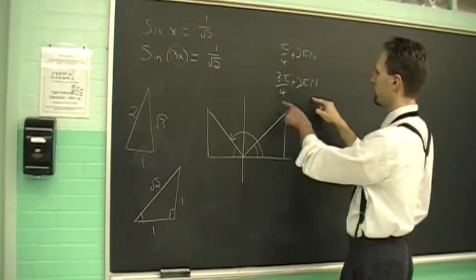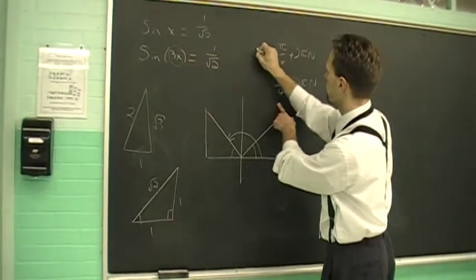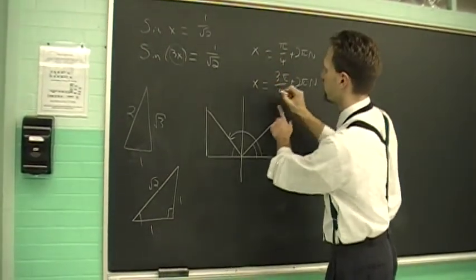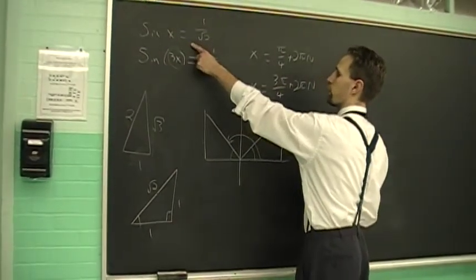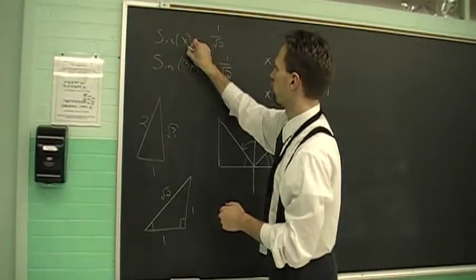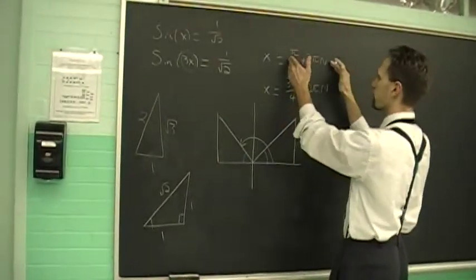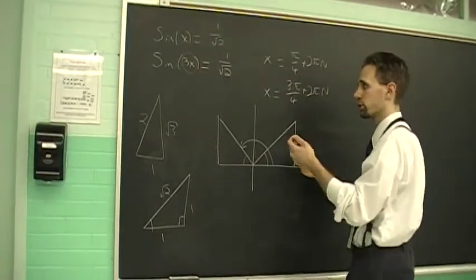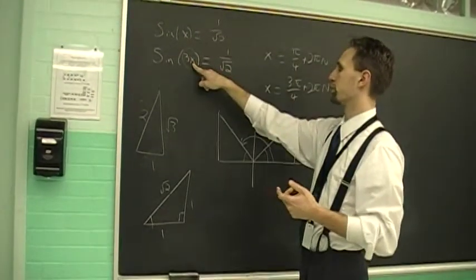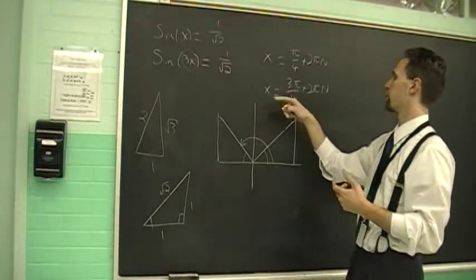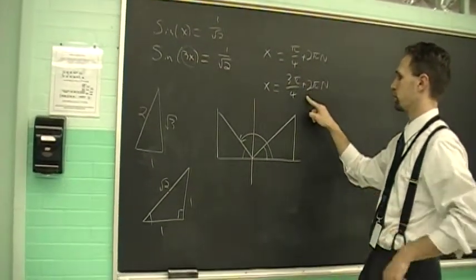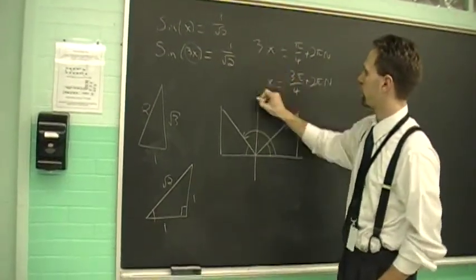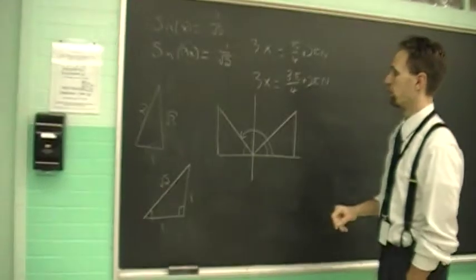Now, these are x values in this. We want the argument of the sine function to be these numbers. If the argument is these numbers, then we're all set. Well, this isn't a whole lot different. Instead of wanting x to be these numbers, we want 3x to be those numbers.